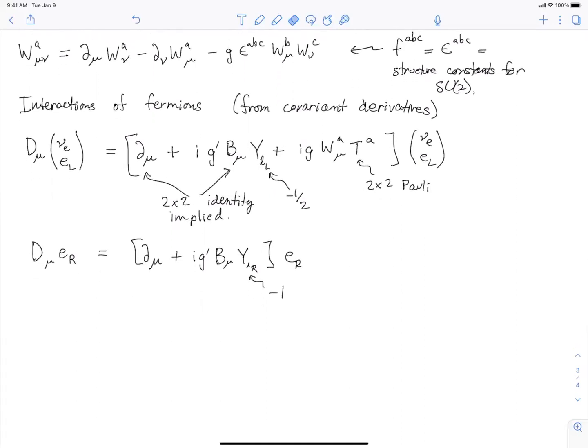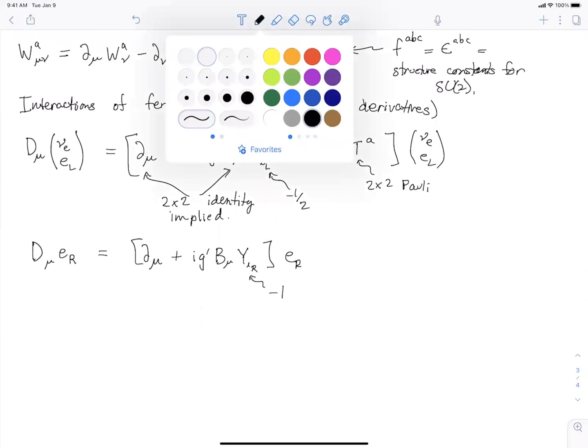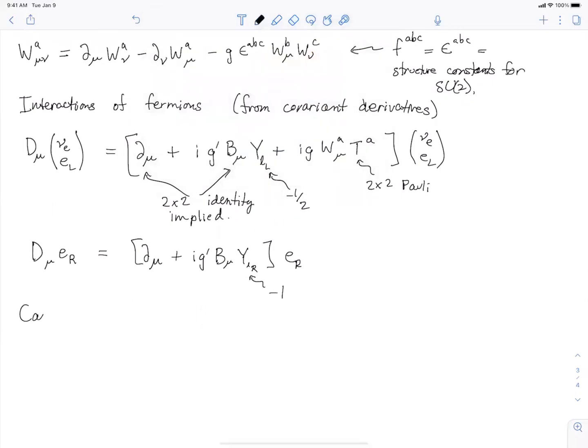Okay, so another way you can do this is you can write in the covariant derivative for the left-handed fields, W A mu T A, using the fact that the T A's are just the Pauli matrices, this becomes 1/2 times a matrix with W3 mu, W1 mu minus i W2 mu on the top row, and W1 mu plus i W2 mu, and then minus W3 mu on the bottom row.